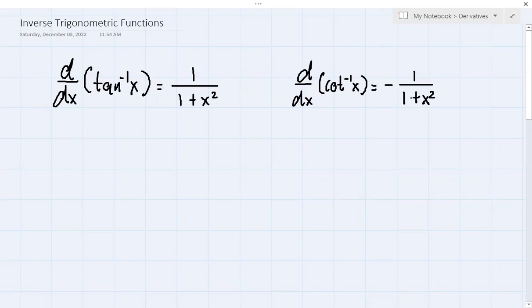You see the difference here? The difference here is the sign. So, ang derivative ng arctangent is 1 all over 1 plus x squared. Ang derivative ng arc cotangent is negative 1 all over 1 plus x squared. Almost the same lang sila, pero magkaiba lang sila ng sign.